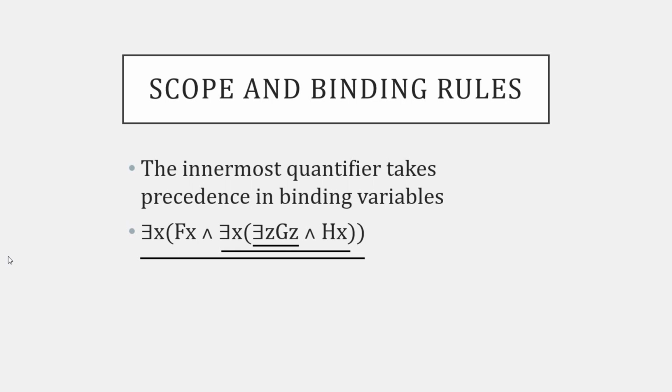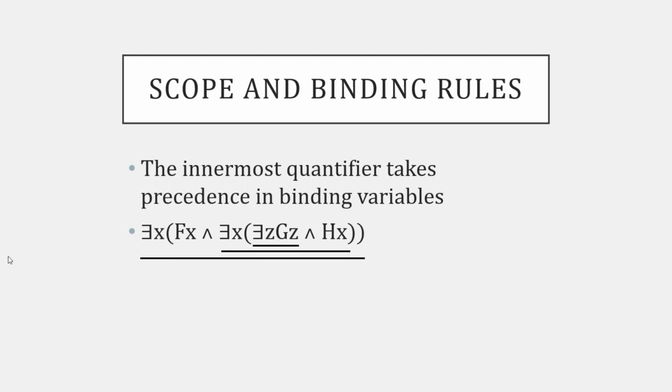Why is the there exists z, gz bound to the there exists x if it's a different atomic? So anything within the brackets is under the scope of the quantifier that the brackets are attached to. So there exists a z such that gz is within the scope of the quantifier there exists an x.